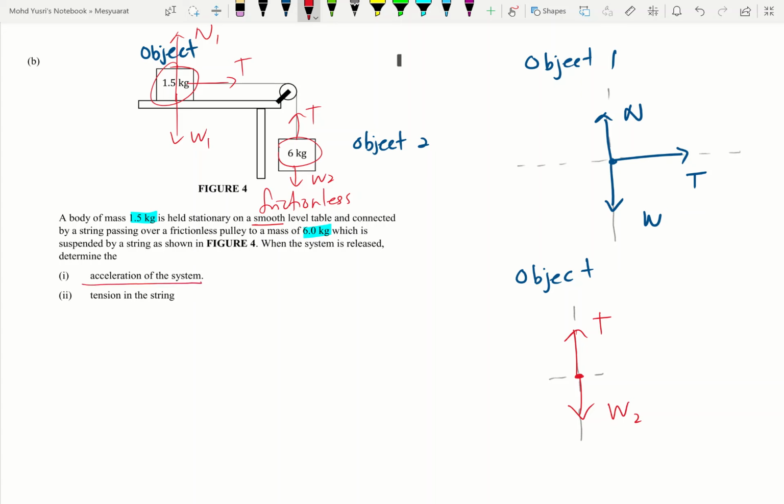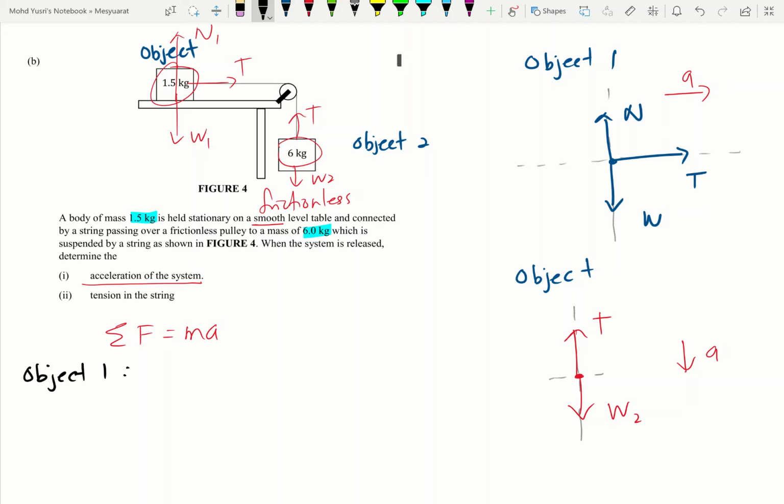Basically, sum of F is equal to ma. Now object 1 accelerates to the right and object 2 downward. So the acceleration of object 1 is in the x component, so we can come up with an equation from object 1.